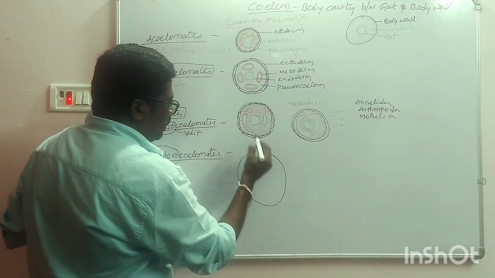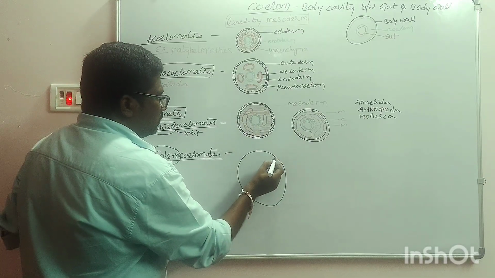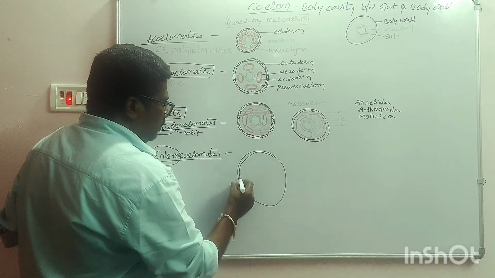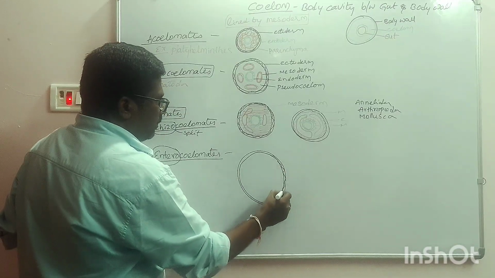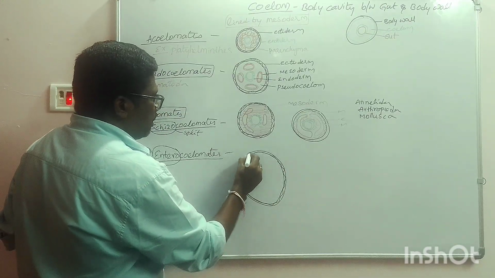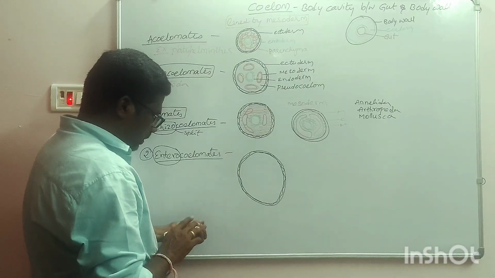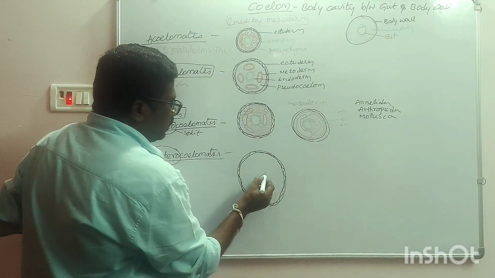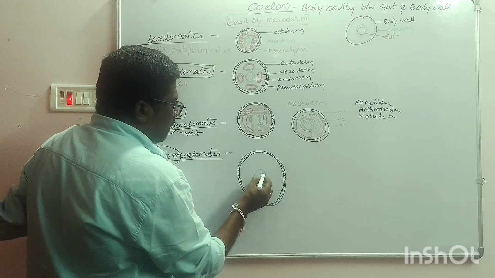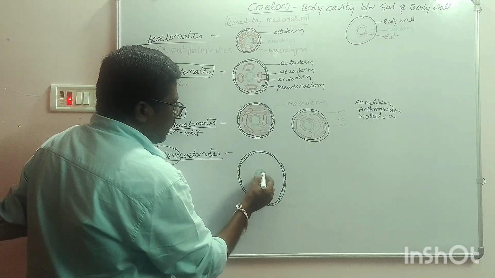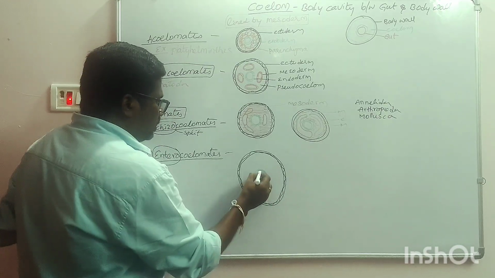So this is the ectoderm. Next, this is endoderm and gut. Inside, the gut is there.